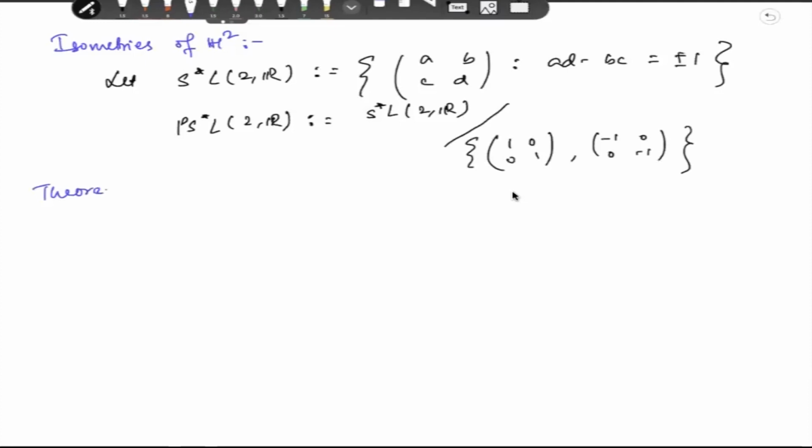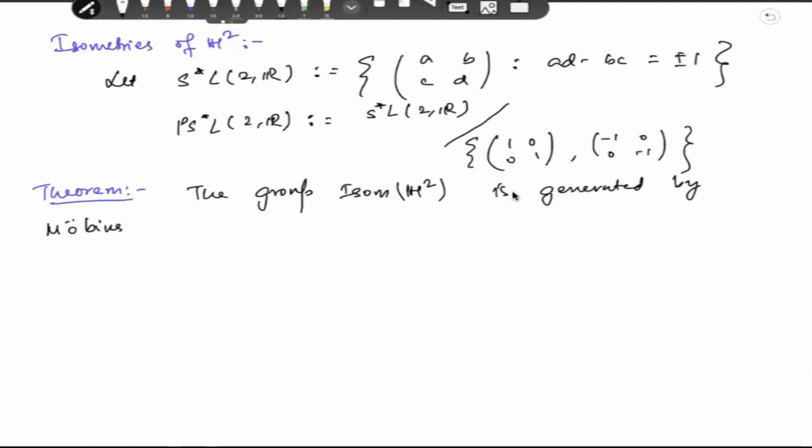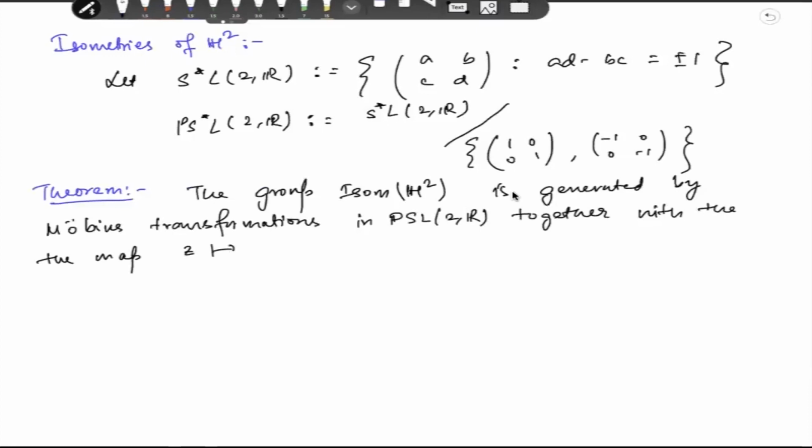Okay, so now what is the theorem? The isometry group of the upper half plane is generated by Mobius transformations in PSL2R together with the map z goes to minus z bar, and this isometry group of the upper half plane is isomorphic to P star L2R.